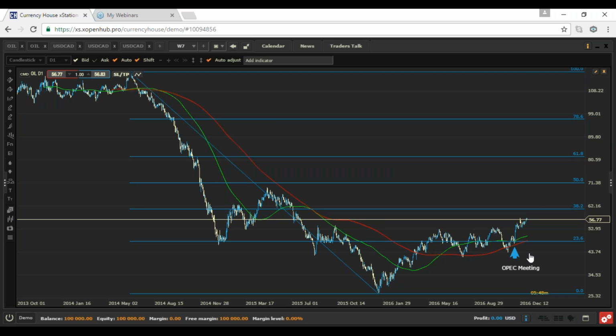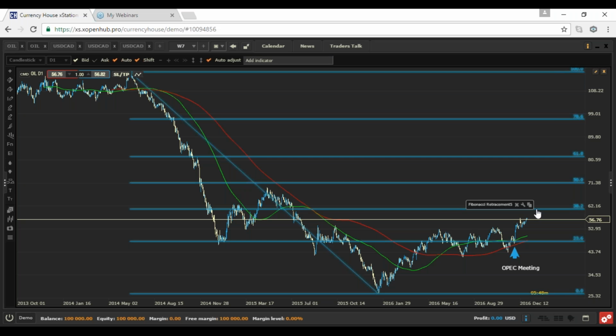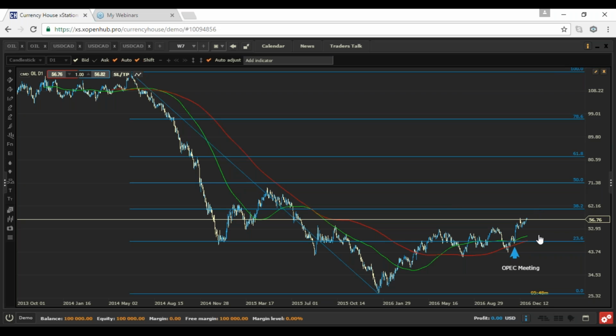So my point of the technical analysis is that the price will try to test this level of 62 US dollars per barrel, and most probably they will fail to go through this level, and most probably we will see a deep retracement, a deep pullback down to the level of 50 US dollars or even below.